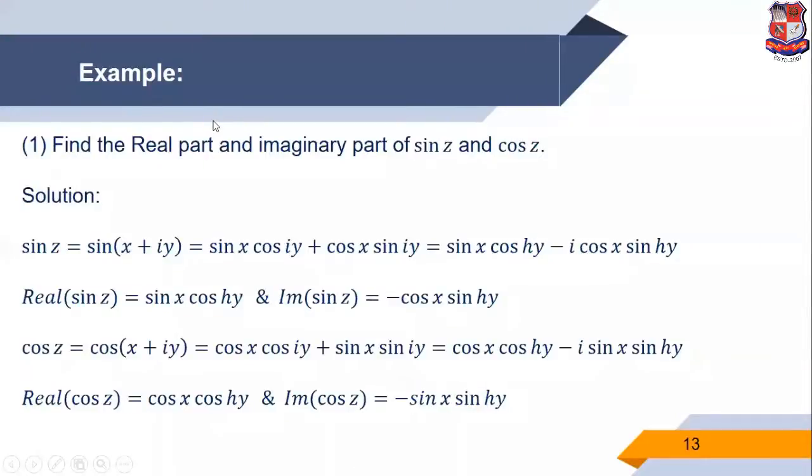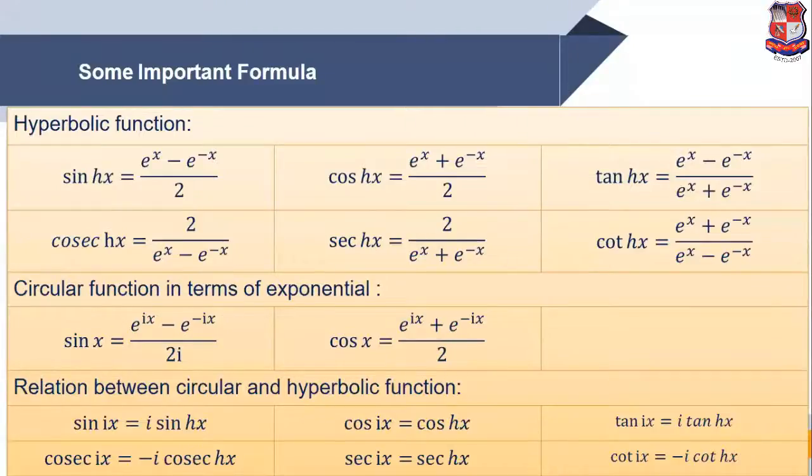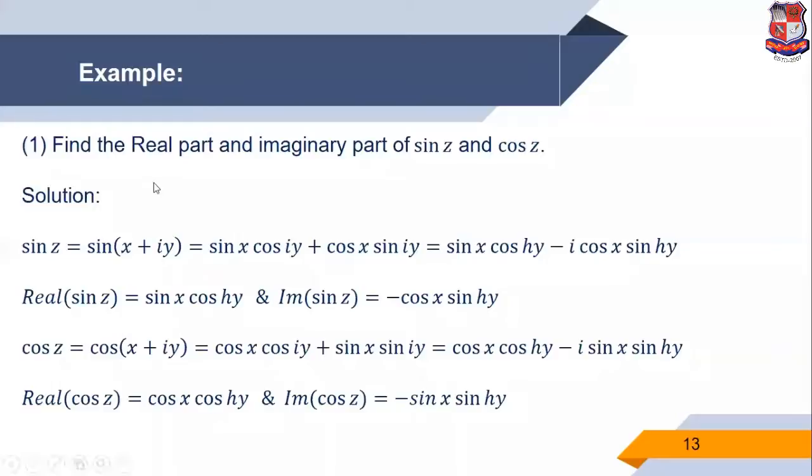So we can take a simple example where we use the circular function, exponential function, and hyperbolic function. The question is: find the real part and imaginary part of the trigonometric functions sine z and cos z.